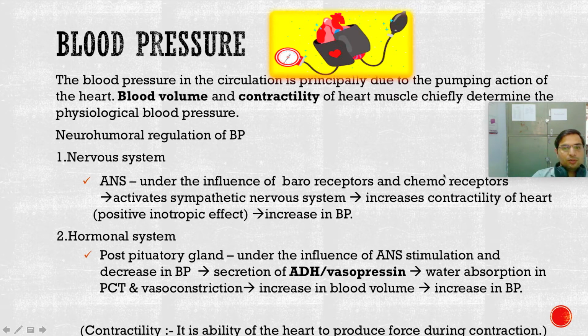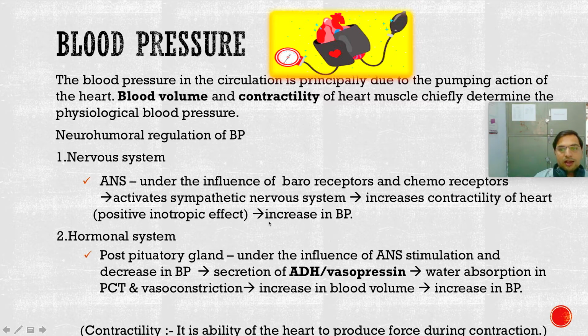These chemoreceptors and baroreceptors give signals to the autonomic nervous system via the sensory fibers, and the ANS gets activated, especially the sympathetic nervous system in this case, where the blood pressure is falling, and it increases the contractility of the heart, which is the positive inotropic effect, thereby increasing the blood pressure.